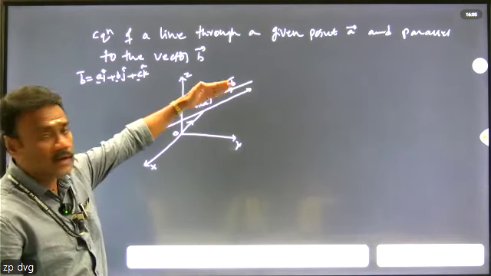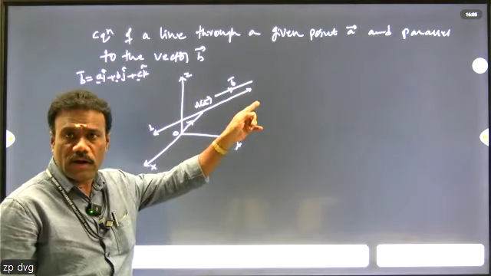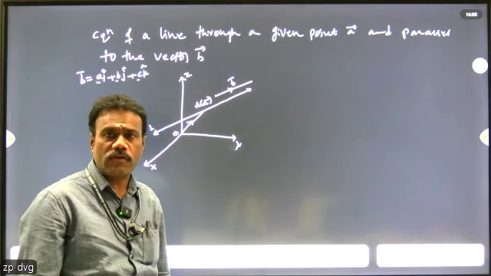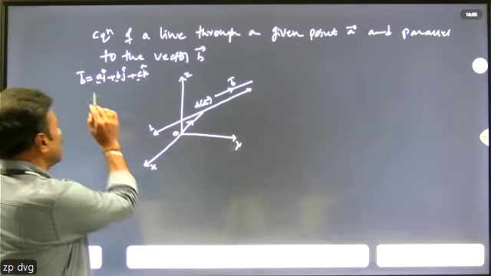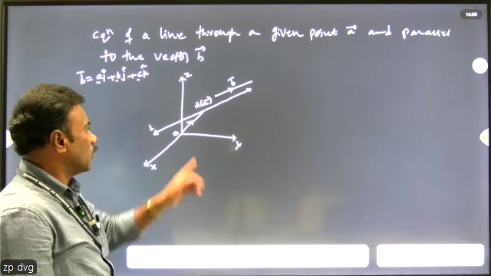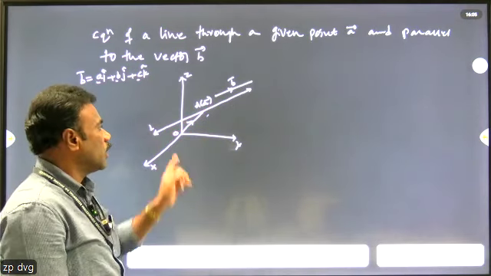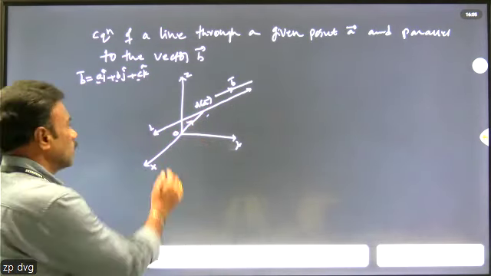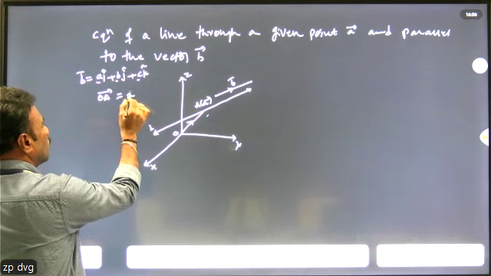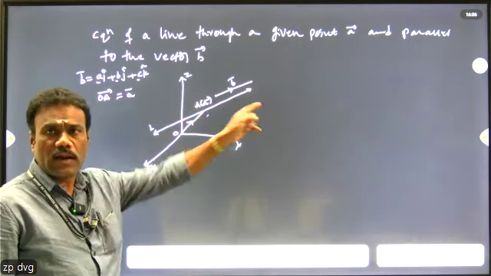So for this vector, if the direction ratios are A, B, C, then for the line also we can take the direction ratios as A, B, C. So these A, B, C are the direction ratios of this line L. We have taken a point on the line, A with position vector OA bar equal to A bar, and B bar is a vector parallel to the line.